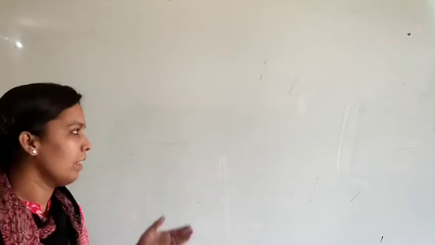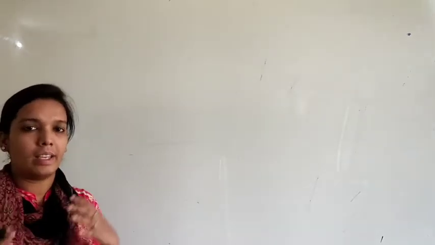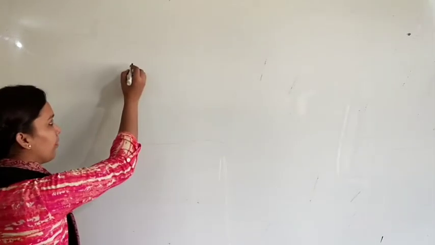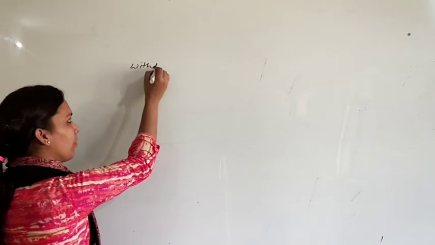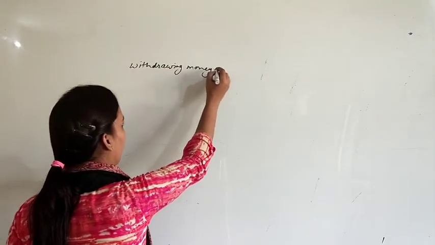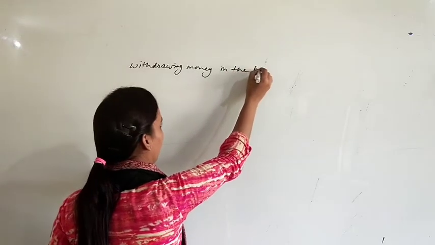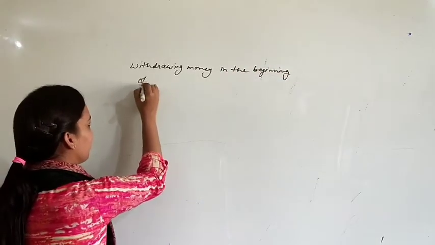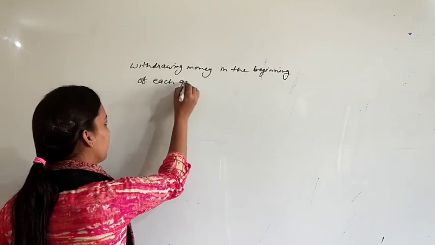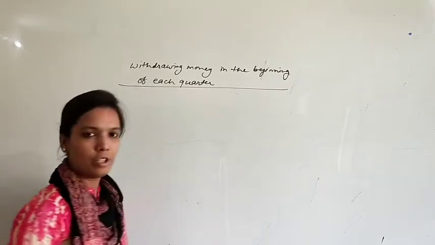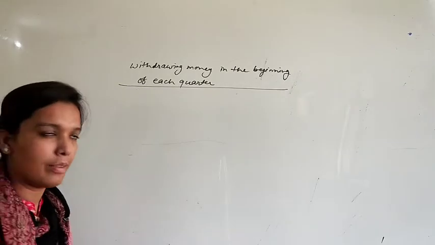In this case also, the same 3 processes apply: in the beginning of each quarter, in the ending of each quarter, or in the middle of each quarter. Withdrawing money in the beginning of each quarter. First of all, you have to find the average period.